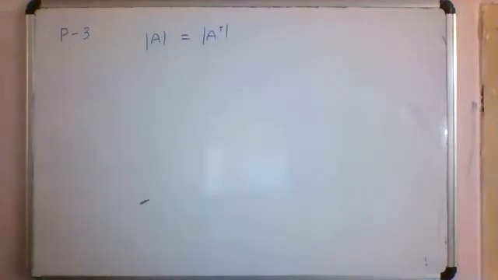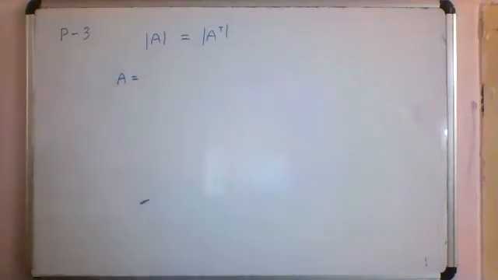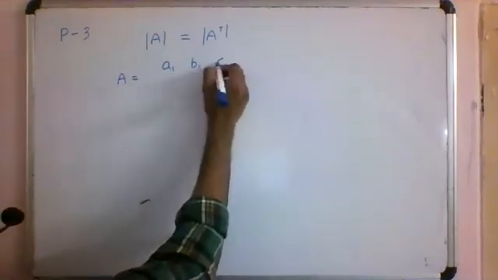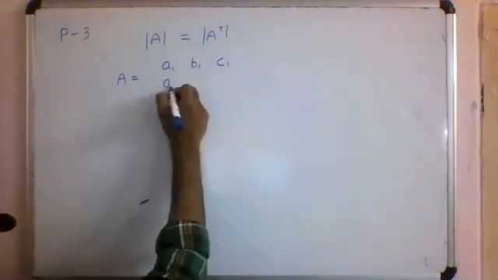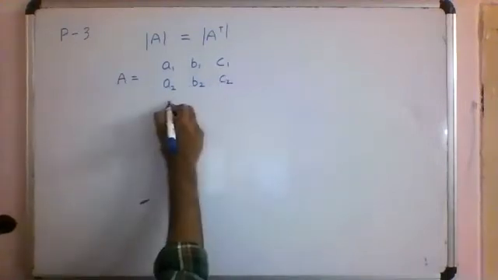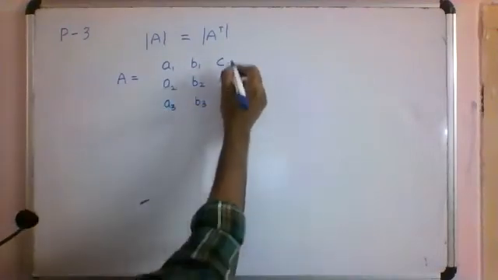Suppose I take A is equal to A1, B1, C1, A2, B2, C2, A3, B3 and C3.